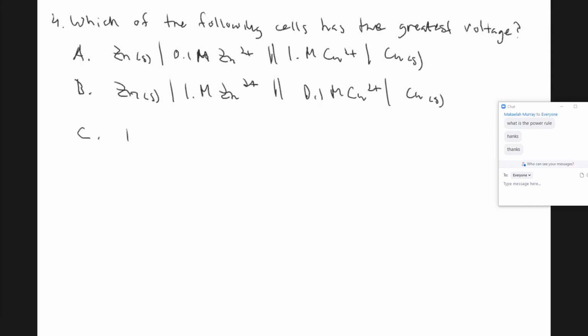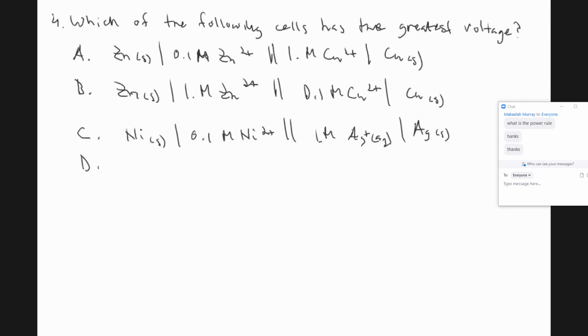C, nickel solid, 0.1 molarity of nickel 2+, 1 molarity of silver, and then we have silver metal solid being made.